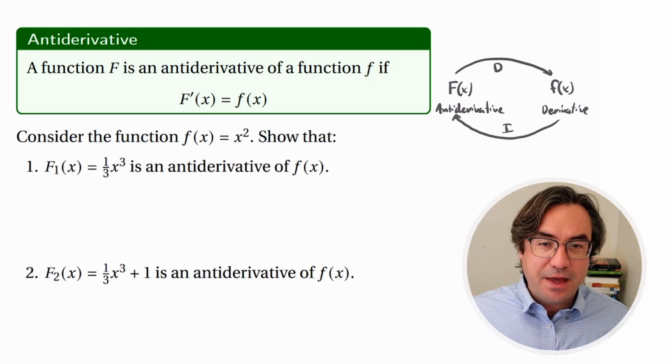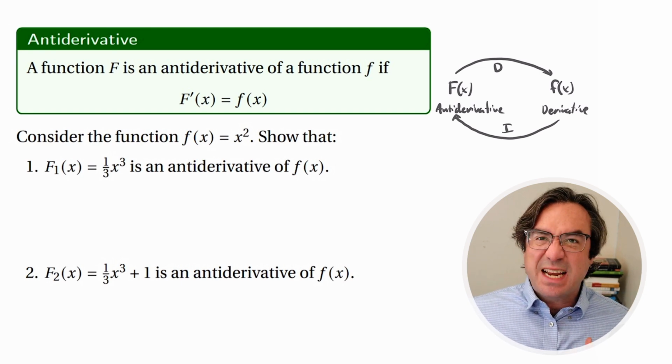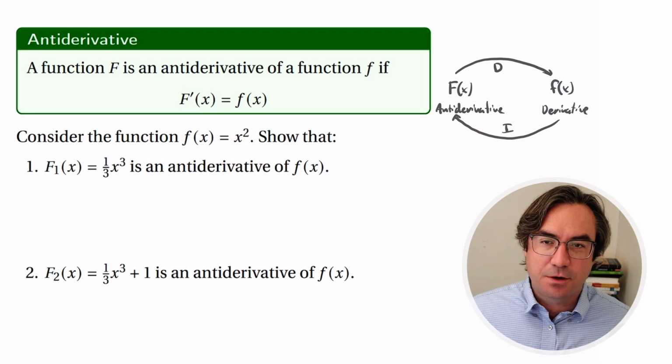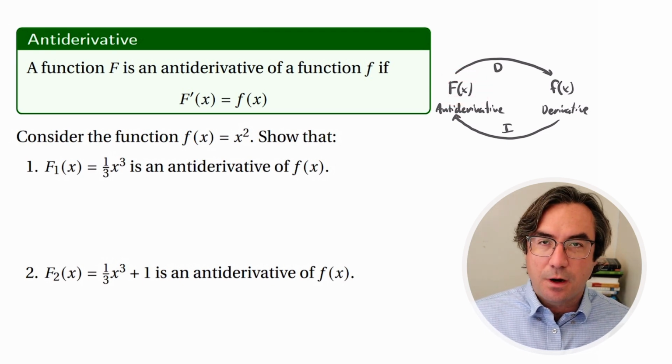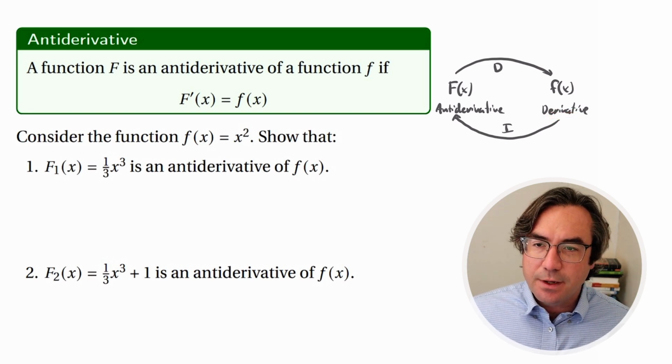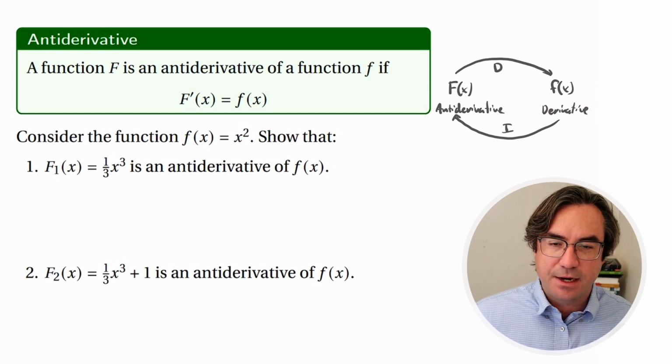I'm going to abbreviate that I for short. So we have these pairs of functions, or classes of functions: our antiderivative and then our derivative. So how are we going to check this? Let's look at an example to get an idea of what's going on with this diagram.